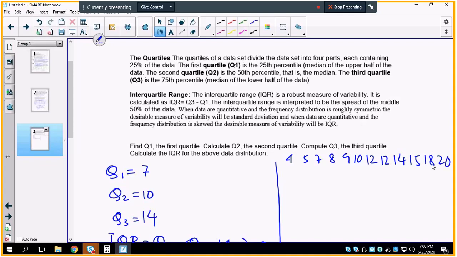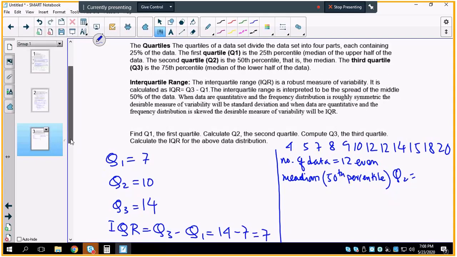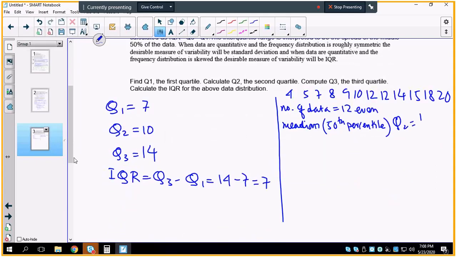So remember, the total number of data is 12. Since the number of data is 12, and that's even, the median of the entire distribution, which is the 50th percentile and your Q2 as well, should be equal to 12 plus 1 over 2. That's what we have been doing. It will not be a real location, so we have to be a little innovative. So 12 plus 1 over 2 is 13 over 2, and that's 6.5.